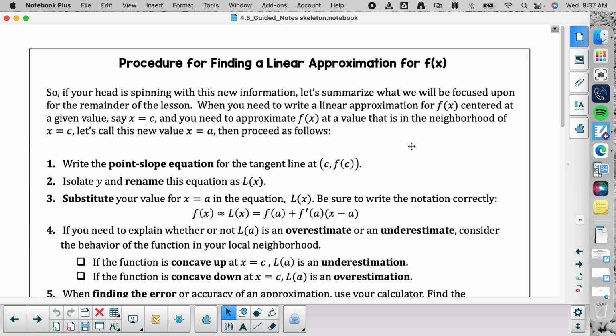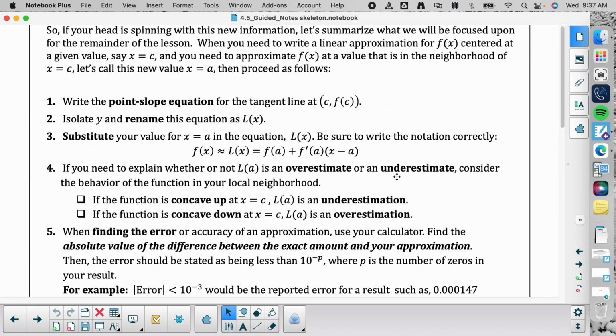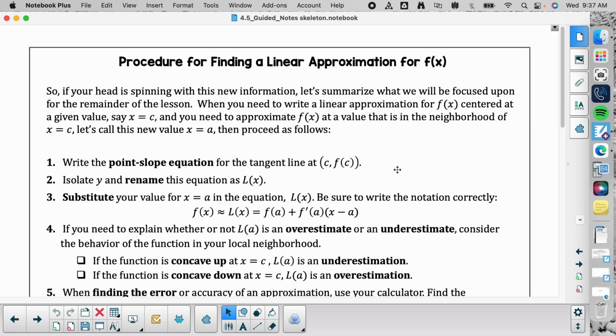So linear approximation is when, for some reason, you are not able to find an exact value. So if you have a curve, is there a drawing down below? No. Okay, I'll draw it. Let's say you have a curve, and for some reason you can't find the value right there.